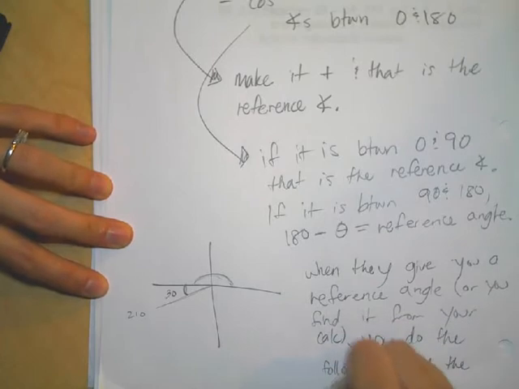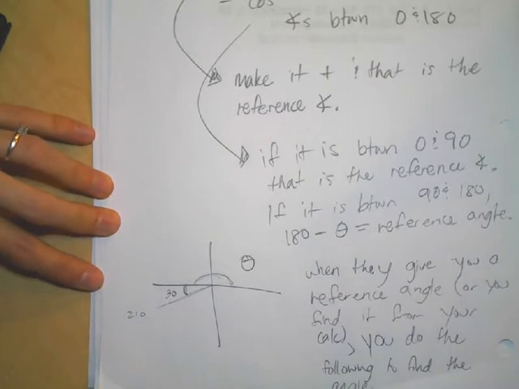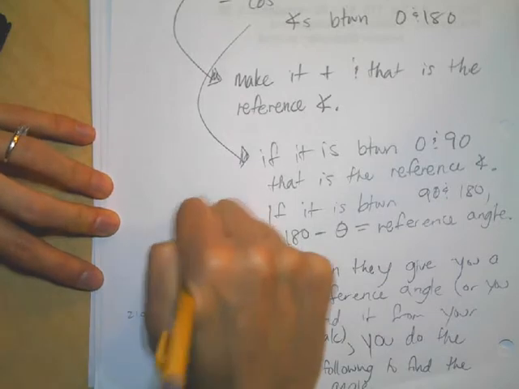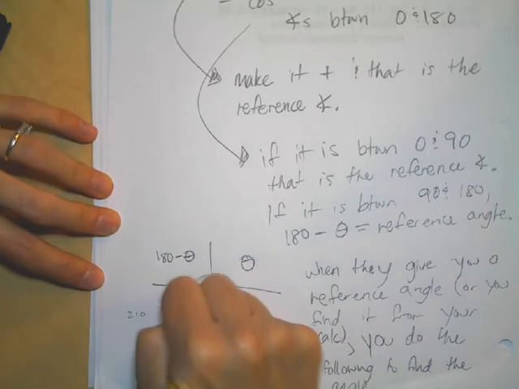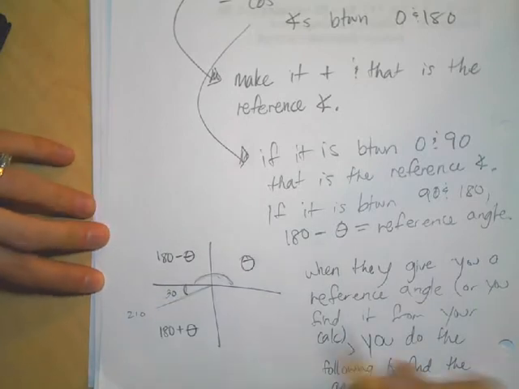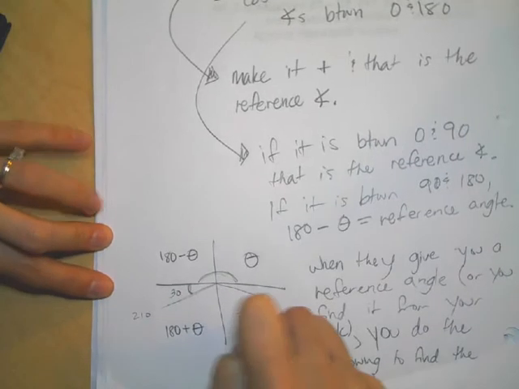I'll put it in each quadrant. In quadrant 1, the angle just stays the same. In quadrant 2, it would be 180 minus the angle. In quadrant 3, it'd be 180 plus the angle, because that's going to give you where it is in quadrant 3. And in quadrant 4, it'd be 360 minus the angle.